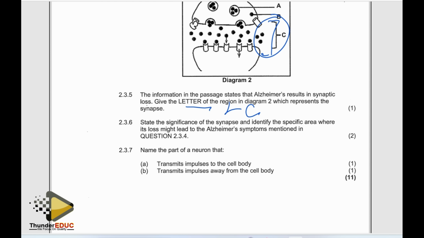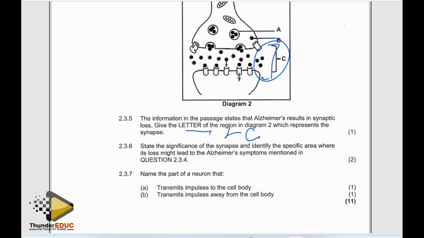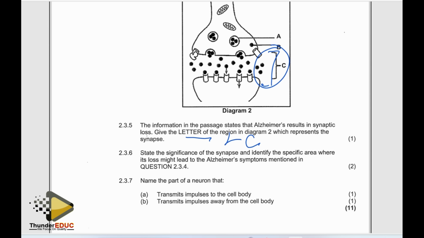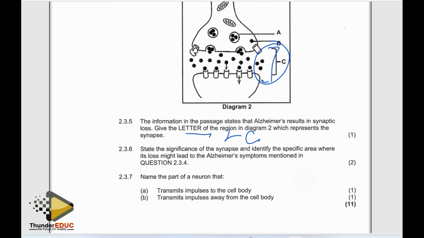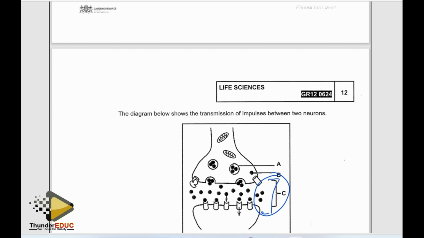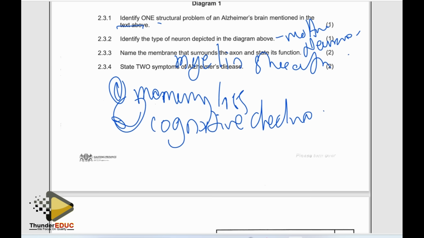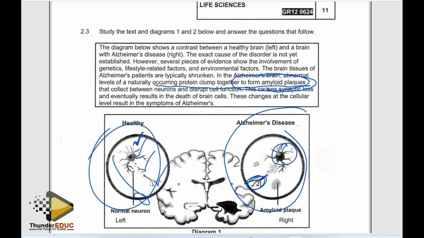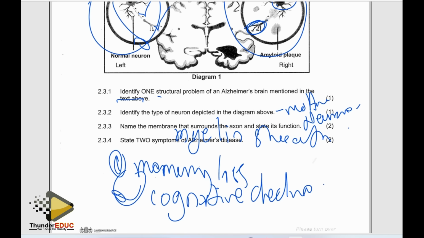State the significance of the synapse and identify the specific area where its loss might lead to the Alzheimer's symptoms mentioned above. So here there is no passage. Is it linked to this?